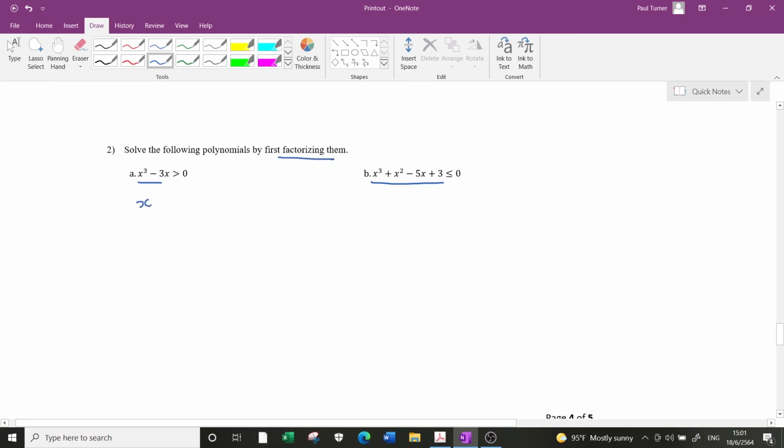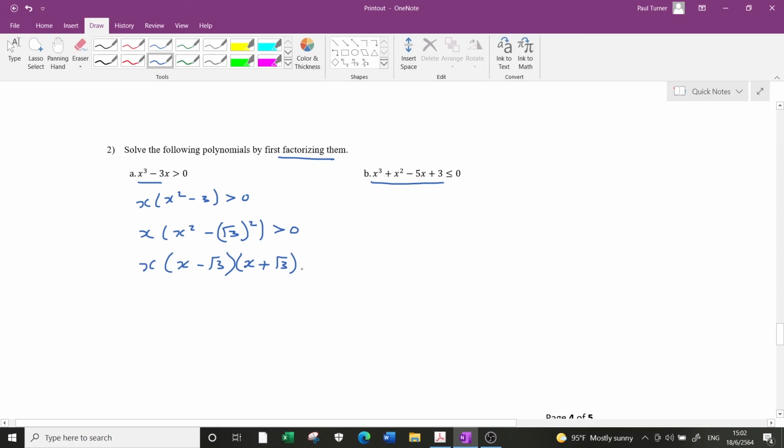You'll have x squared minus 3 greater than 0. We can factorize this using difference of squares. We'll have x squared minus root 3 squared, because root 3 squared is 3, okay? Like that. So you'll have x minus root 3, x plus root 3.